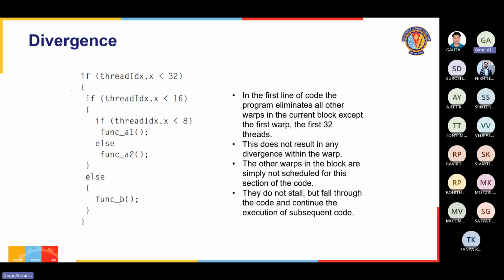first, we check if thread ID is less than 32. Here, there is no divergence happening. Why is it not happening? Total number of threads within a warp is 32.